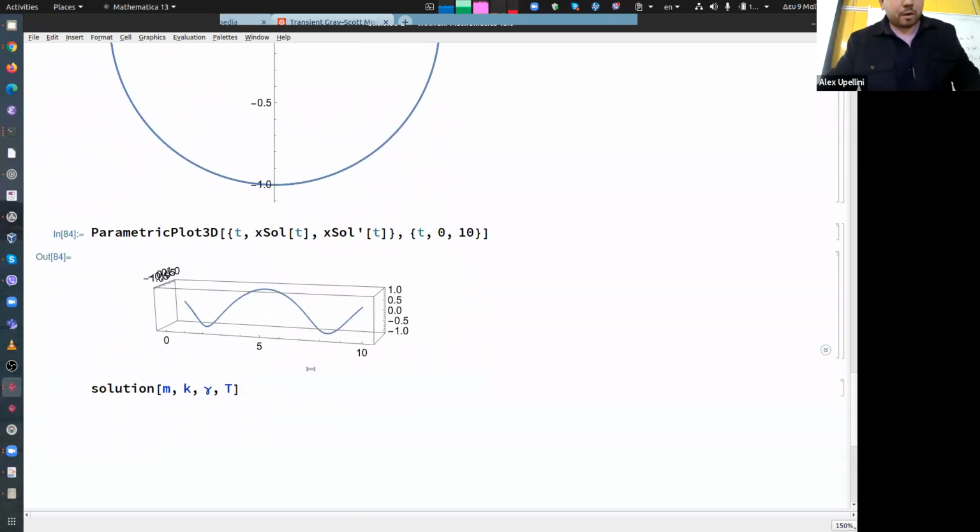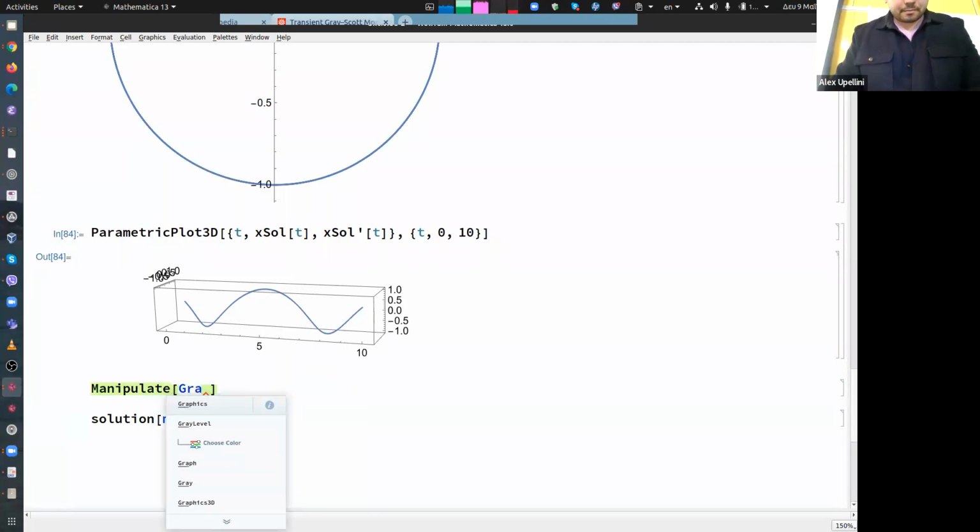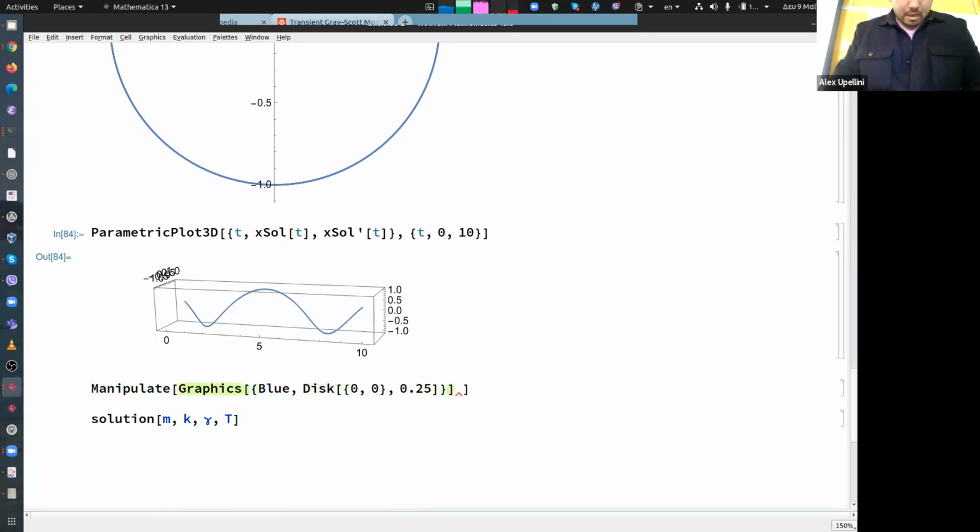That means that I'm going to do a Manipulate of Graphics. I'm going to draw a blue disk at 0, 0 and a radius of 0.1. 0.25 is too much. And the coordinates of the center actually are not 0, 0, but x sol of t.